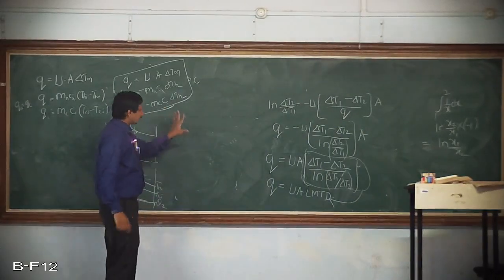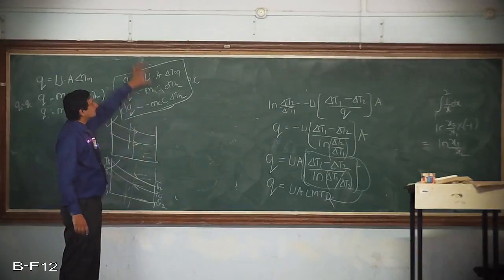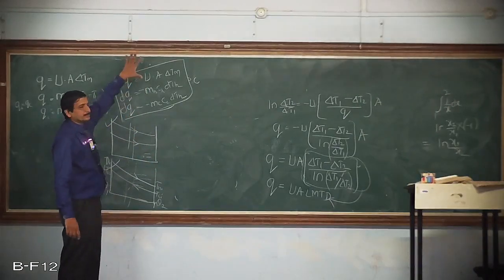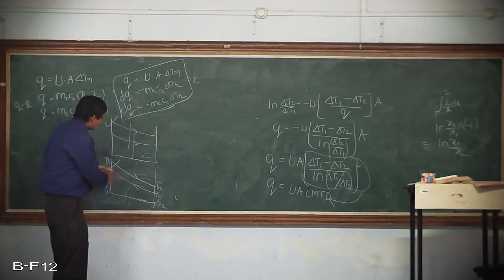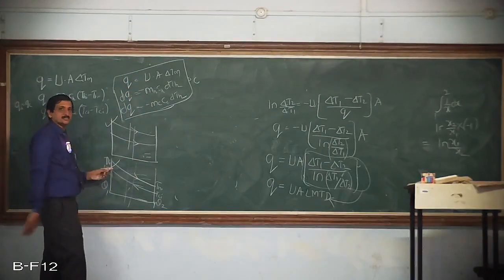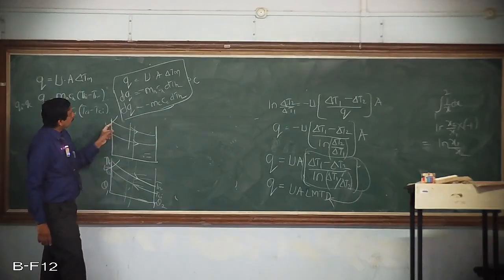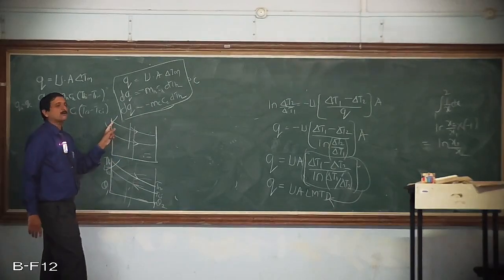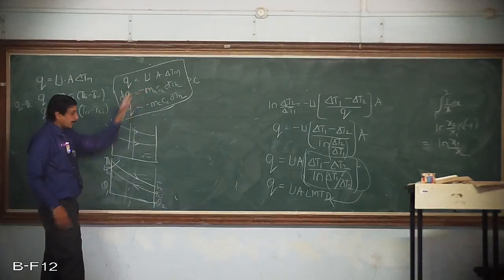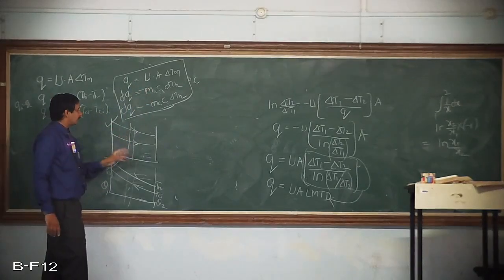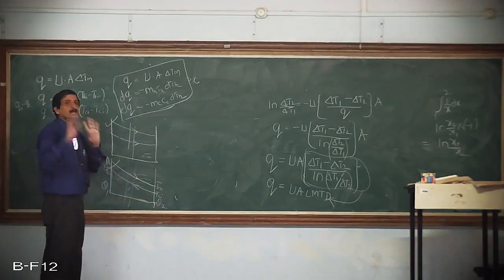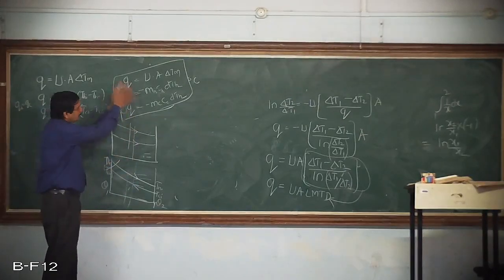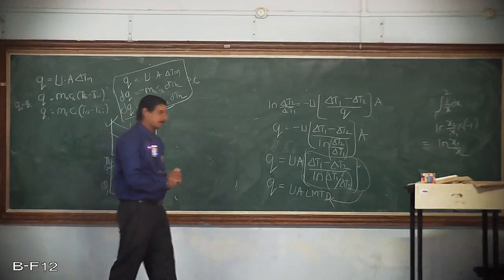Remember, in the parallel flow and the counter flow, the initial heat duties are the same, but the differentials change because the temperature profile changes. For parallel flow only the hot fluid will have the negative sign, whereas for counter flow it is the other way, meaning both will have negative signs. Based on that you are advised to derive it.